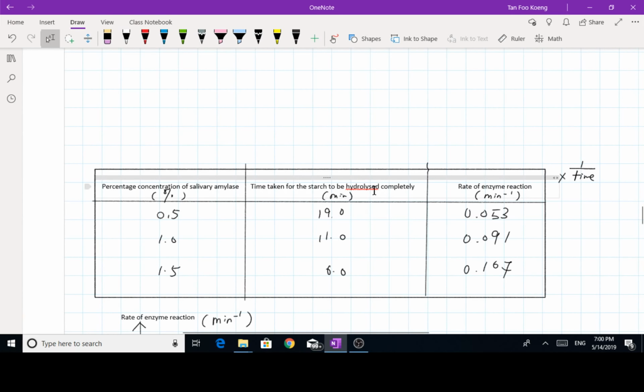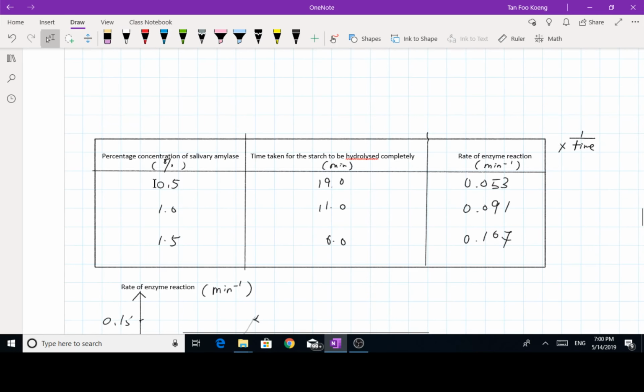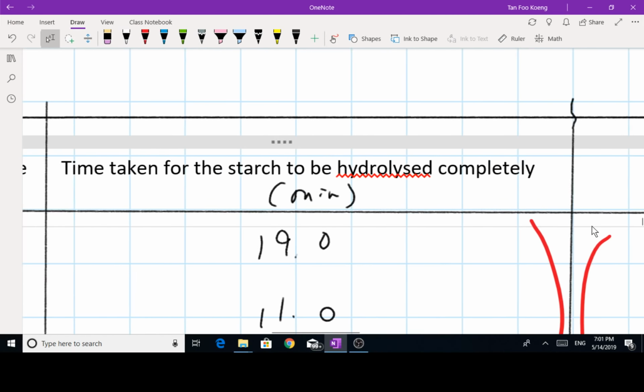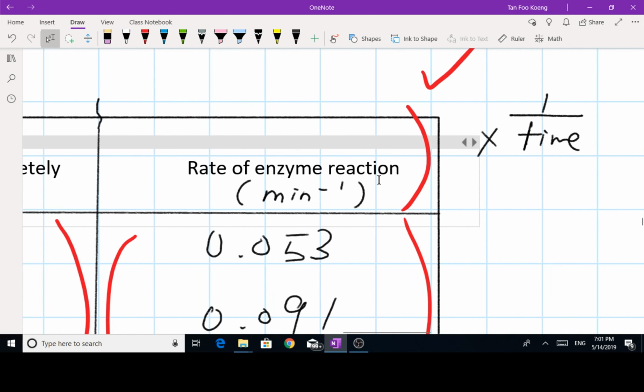Make sure that I have units for all of them. So this will give you the first mark, title with the unit, and the next mark comes from the transfer of data, transfer it from question B just now. And finally, I just calculate based on the formula given. It is 1 over time. Now please note that the unit for rate of enzyme reaction is per minute, not 1 over time. 1 over time is the formula. Unit is per minute.